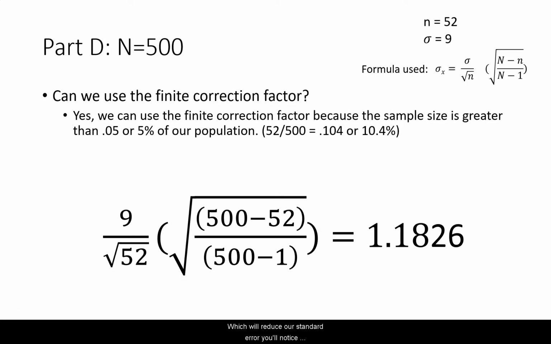You'll notice that it's lower, because in this case, our standard error is 1.1826. So because we got to use the finite correction factor in this case, we were rewarded with a smaller standard error, which means that our sample in part D represents the population better than in parts A, B, and C.